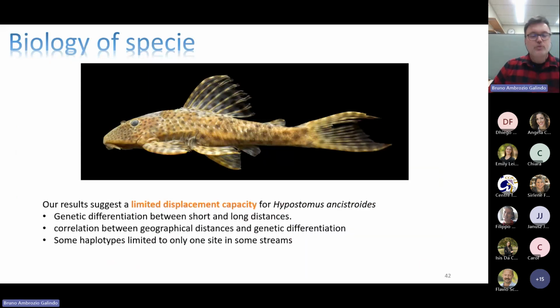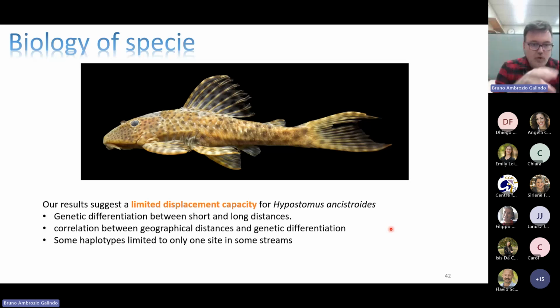And another reason could be related to the biology of these species, because our results suggest a limited displacement of Eplostomus ancestroids. For the genetic differentiation we found between short and long distances, we found correlation between geographical distance and genetic differentiation, and we found some haplotypes limited to only one stream.